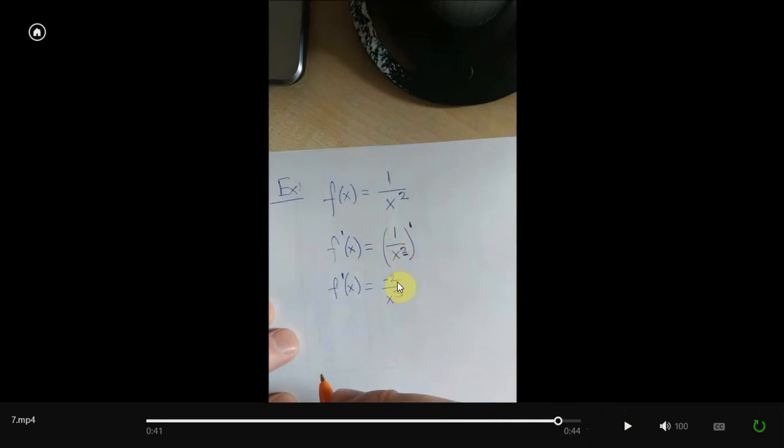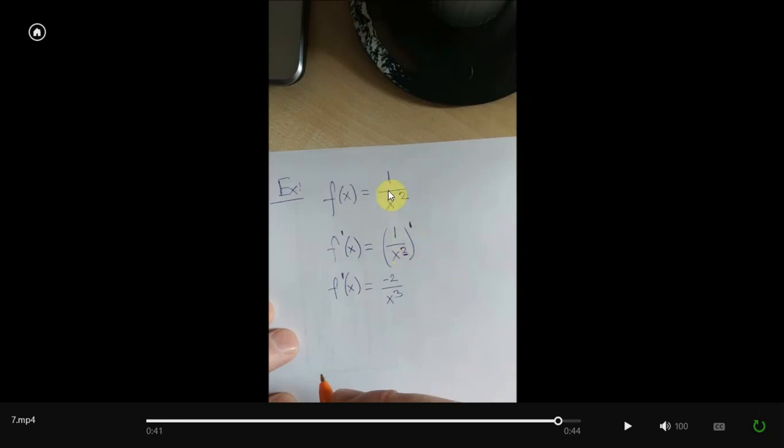If the power is 2, we write minus 2, and we add 1 to the power 2, we get 3: minus 2 over x to the power of 3. For example, for 1 over x to the power of 5, the answer is minus 5 over x to the power of 6.